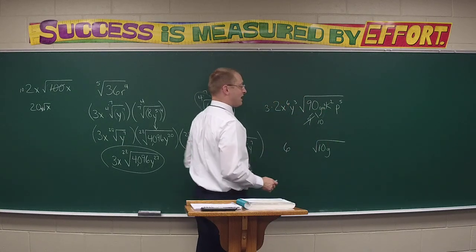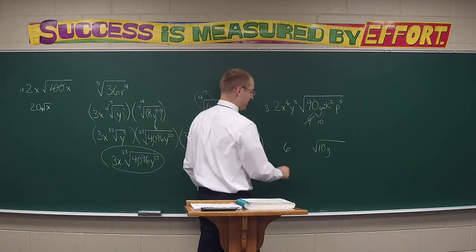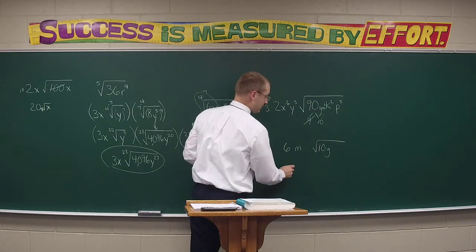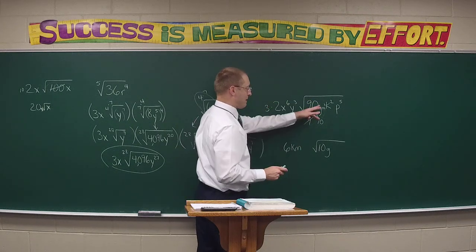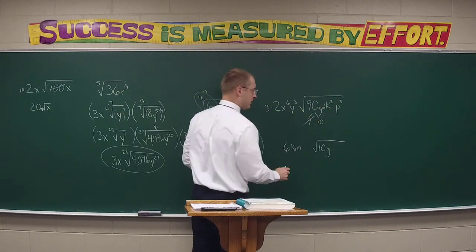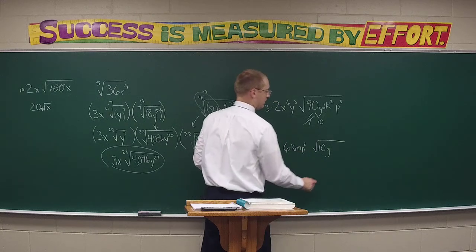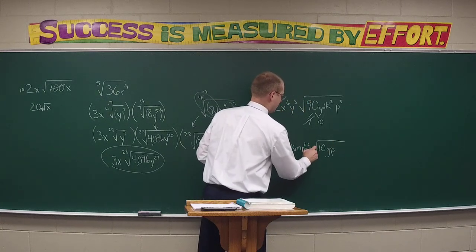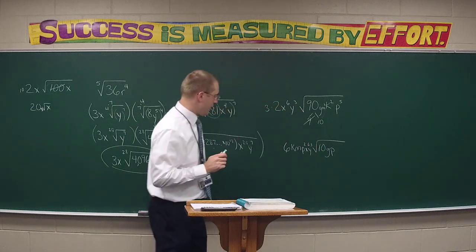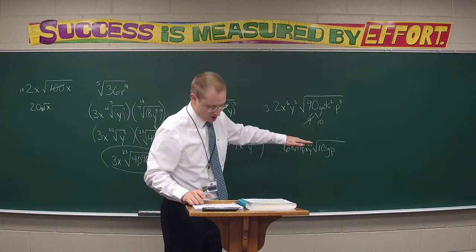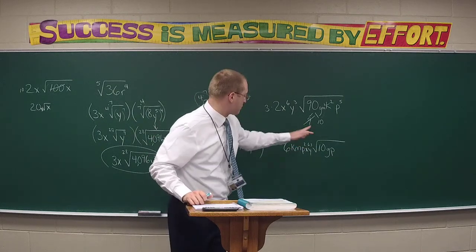The square root of m squared is m, and the square root of k squared is k, though technically that goes before m. The square root of p to the 5th gives a p squared. And then we still have this x to the 6th and the y cubed out there. So 6kmp squared x to the 6th y cubed times the square root of 10gp.